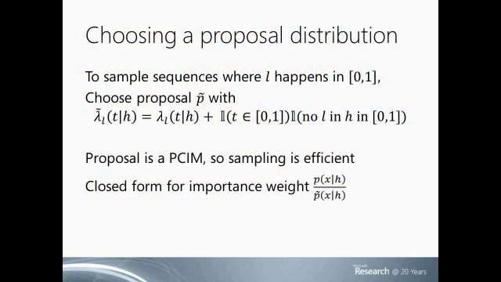So the challenge is to define a proposal distribution P tilde such that the outcome you care about becomes more likely, where you can still compute the correction factor that you need. Turns out with our models it's really easy. Say that you cared about some label L in the first second. Just take your model and boost the intensity of the label L during the first second, as long as the outcome L hasn't happened yet.